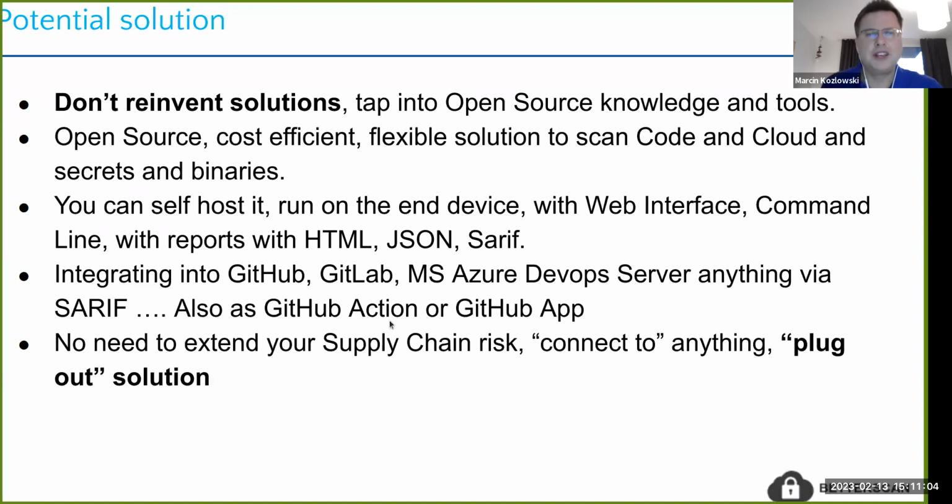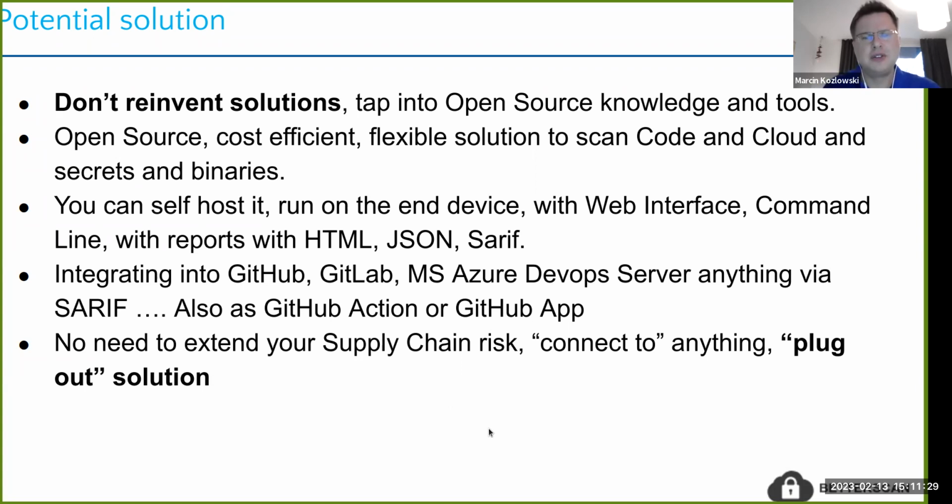So there's no need for you to extend your supply chain risk. You can connect to anything, or there's no need to connect to anything. You can just use this plug-out solution. I know it's a funny word, but it's kind of invented by me. It means that the solution we want to use doesn't have to allow the vendor to connect to our infrastructure.